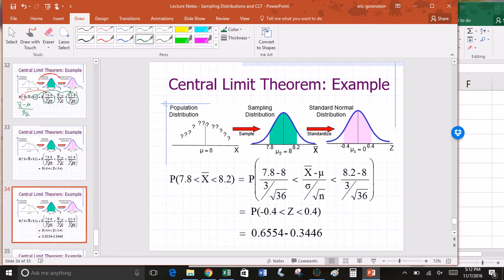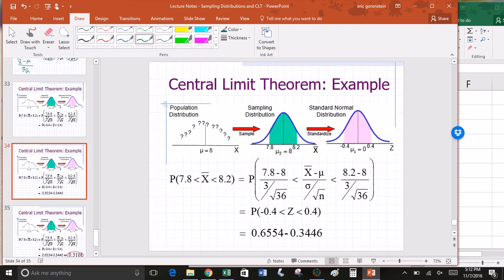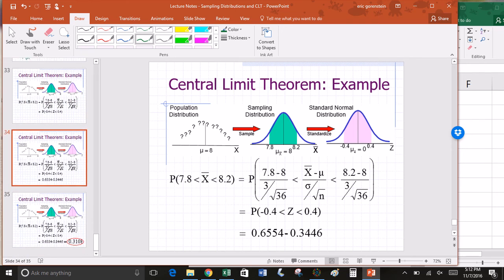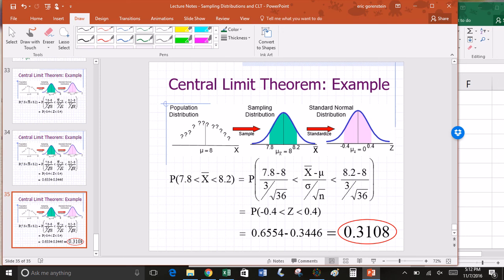And when we convert those to areas, we get, in the end, 0.3108.